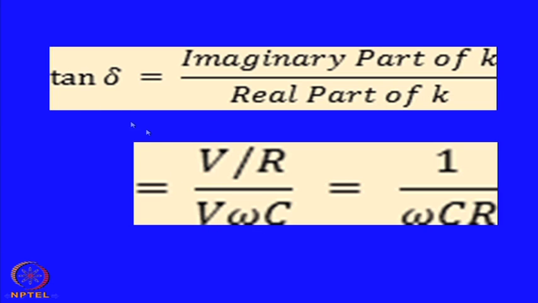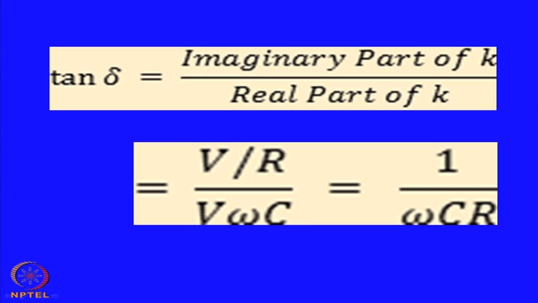So, V by R is the imaginary part of the K and the real part of the K is V omega C. So, ultimately it is 1 by omega C R, in terms of the parameters of the equivalent circuit. So, the tan delta can also be represented or measured by this expression, provided we know the equivalent circuit parameters.